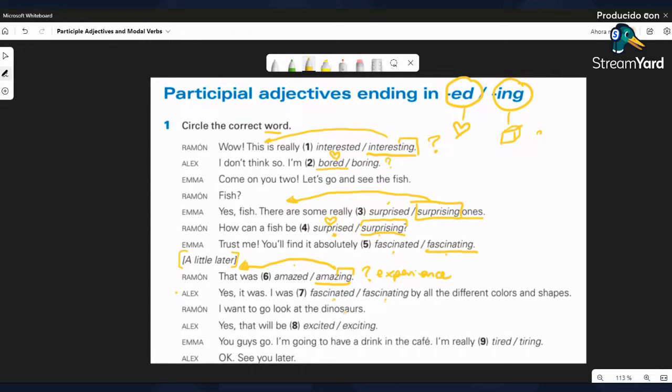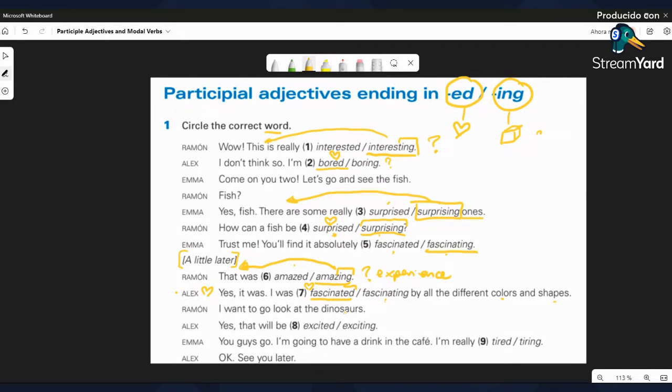The correct answer is fascinated. Yes, we are describing the feelings of the person. Alex is describing his feelings, right? Yes, it was. I was fascinated by all the different colors and shapes.